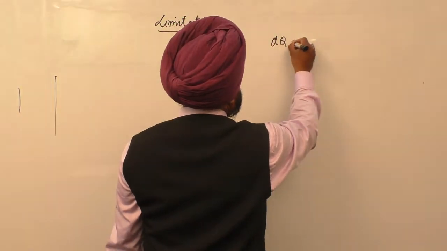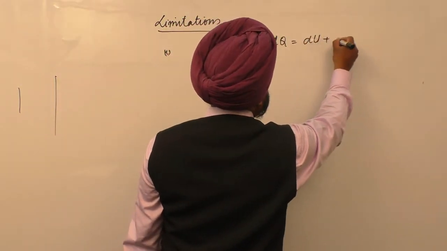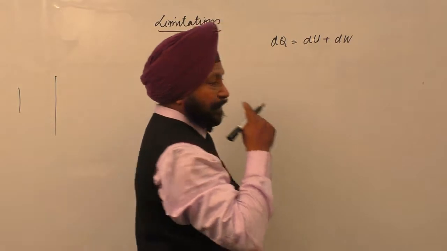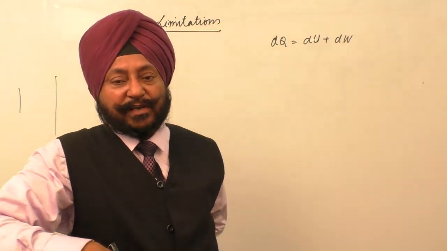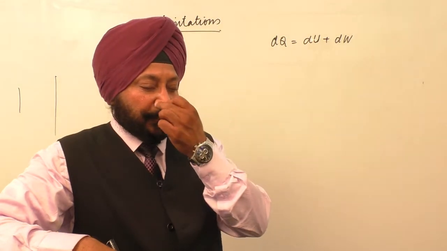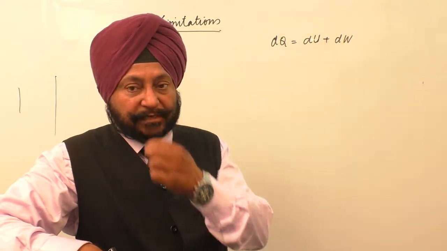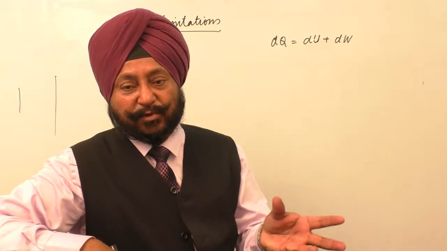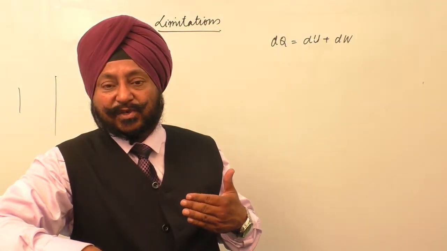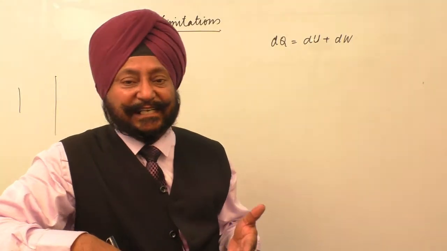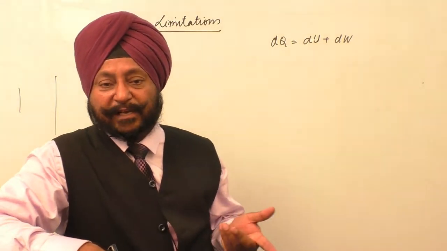For example, if I rewrite the equation for you, dU plus P times dV, then under what condition is this heat energy being converted into mechanical work? For example, if you fire a bullet, the bullet hits a wall, it gives its heat to the wall. Now if you heat that bullet, will the bullet go back to the gun? The answer is no. So it doesn't tell under what condition that heat energy is converted into mechanical work.